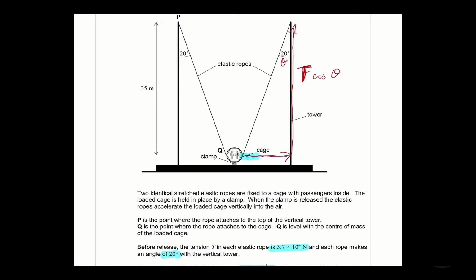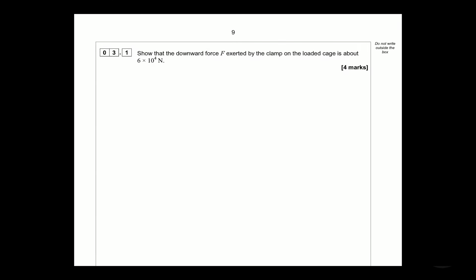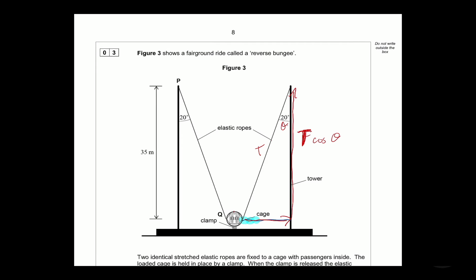Let's call it T because it's tension. If I look here, I'm going to have two T cos thetas going up. So 2T cos theta is going to be equal to my reaction force, which is the clamp pulling down, but I've also got weight.